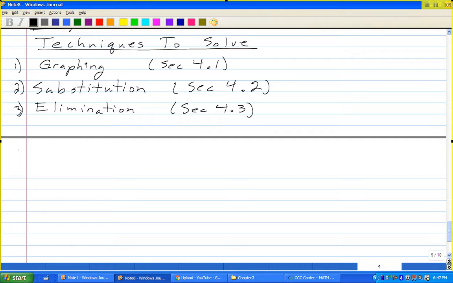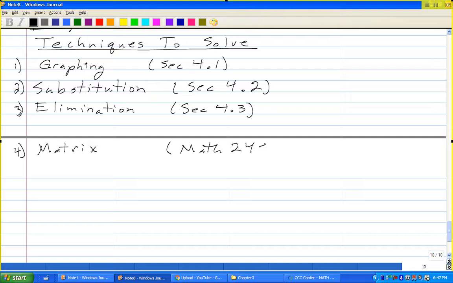Next, the matrix methods. Actually, we won't be doing that. This is done in Math 245, Math 259, Math 260.